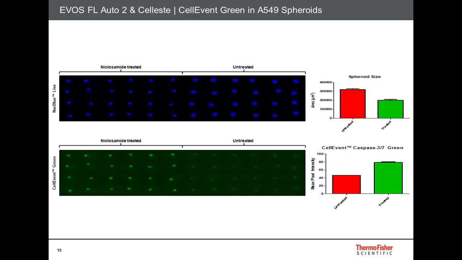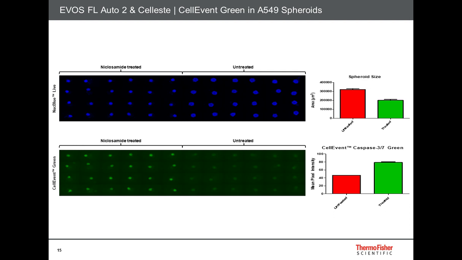And so in this case, we see a 96-well plate full of A549 lung cancer spheroids, where we can image every single one of those and not only have the qualitative information of the image, but we can extract quantitative information. So first, on the top right, we can look at the size of the spheroid, and we see after a drug treatment that the average area of every spheroid has decreased.